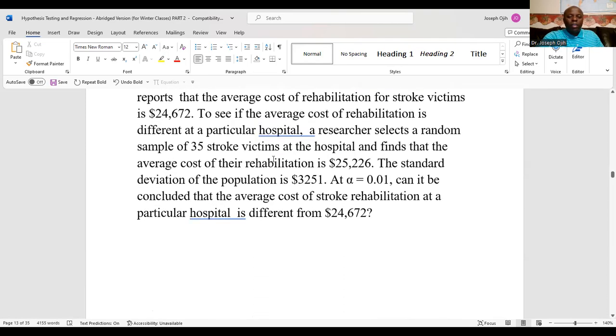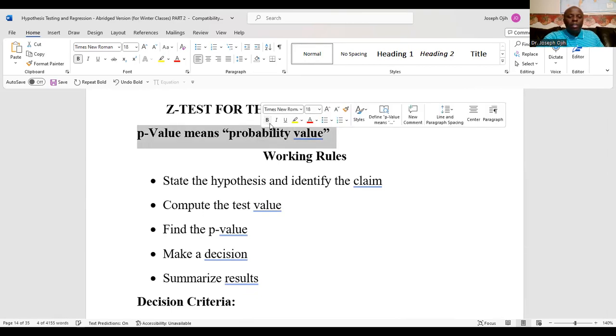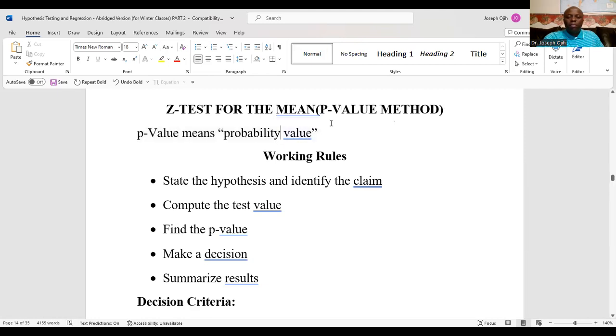So now you can try this one as a practice. Let us go to the second method of testing hypothesis. The second method, we use what we call the p-value method. P-value simply means the probability value. In that case, you state the hypothesis and identify the claim, compute the test value, then find the p-value, then make a decision.